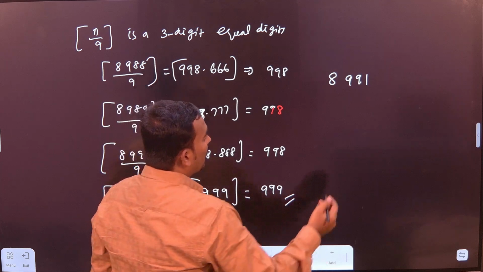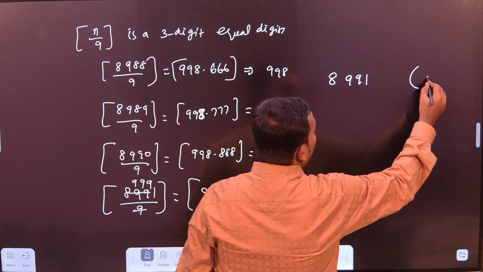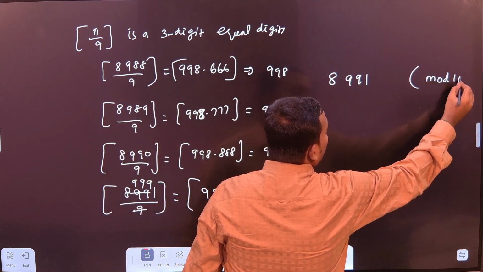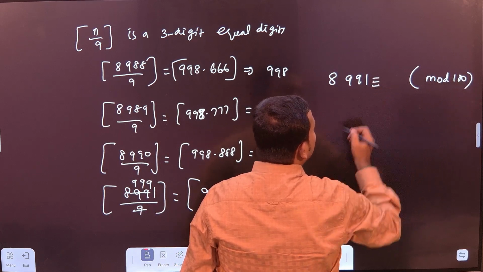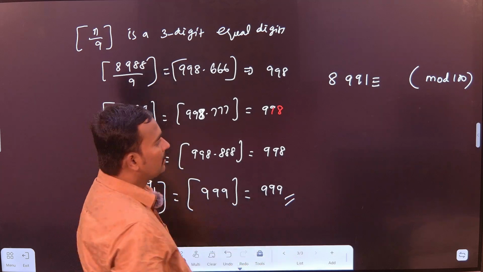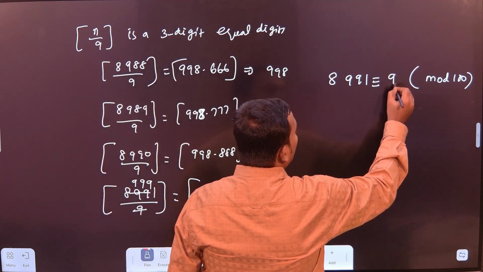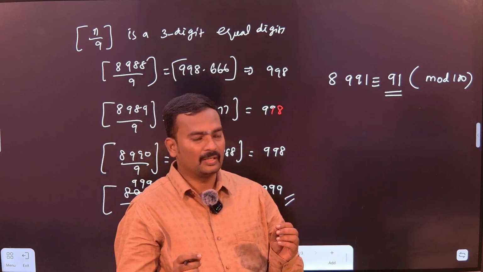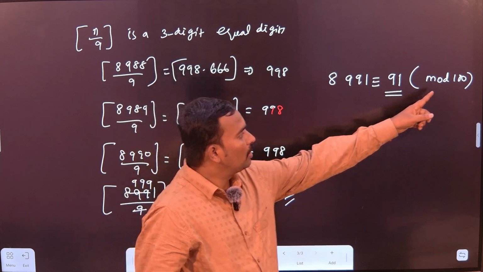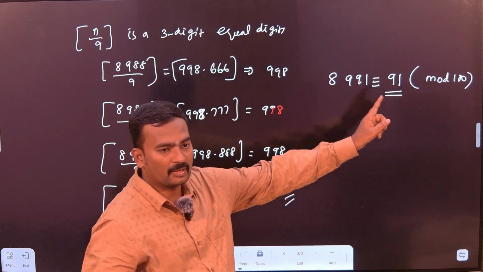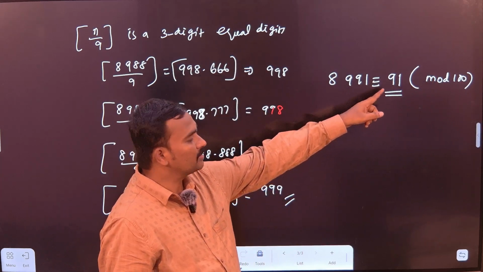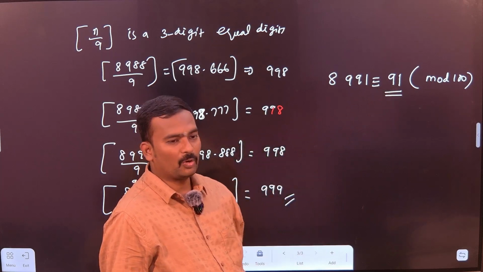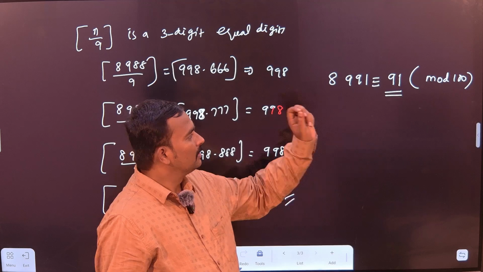When divided by modulo 100, equivalently we can write, the remainder is 91. You know the modulus congruency: this is your dividend, modulo 100, this is the divisor, and the remainder is 91. I hope everyone understands, right?